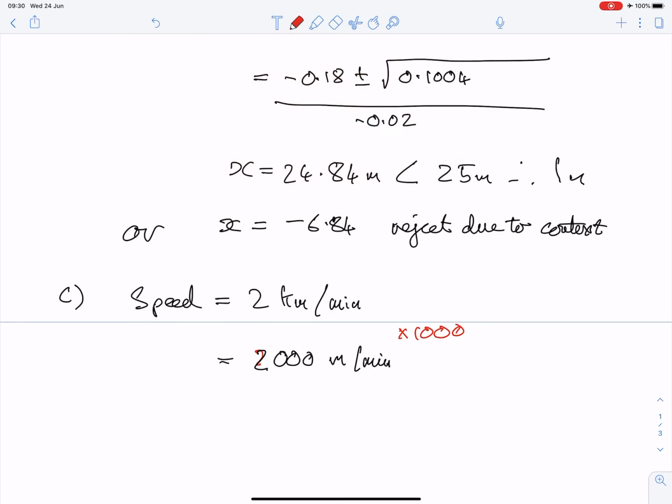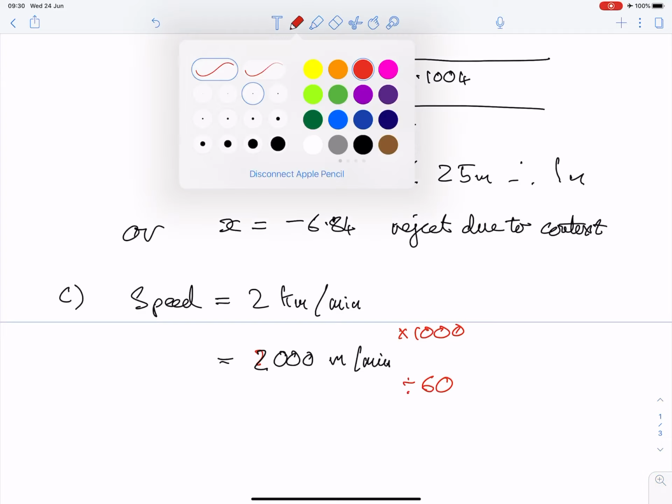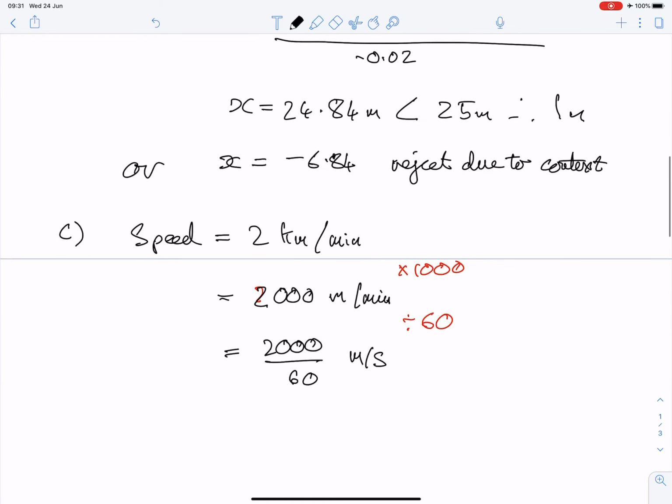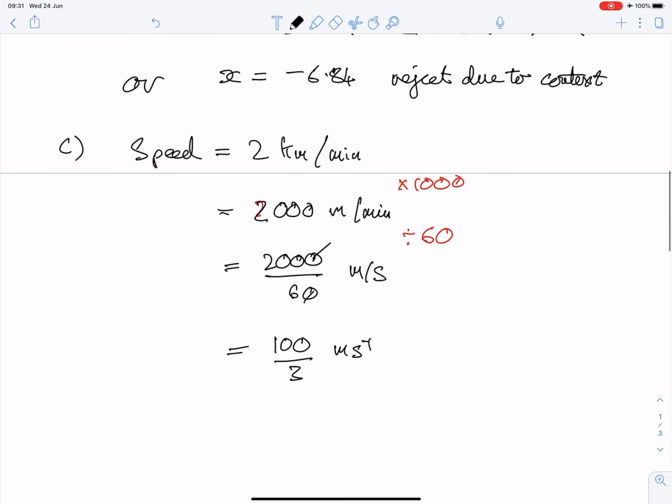Divide by 60 will convert to meters per second. So 2,000 over 60 meters per second. Cancel the zeros, so we've got 100 over 3 meters per second, which gives us 33.3 recurring meters per second in those units.